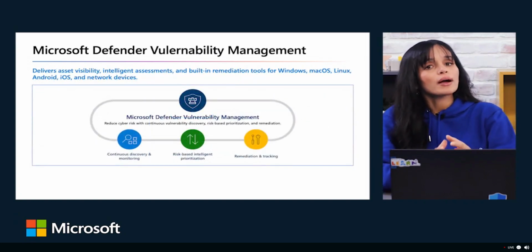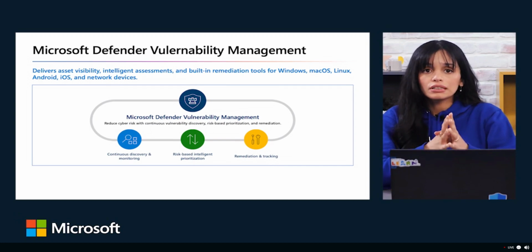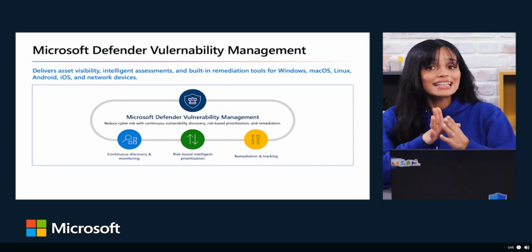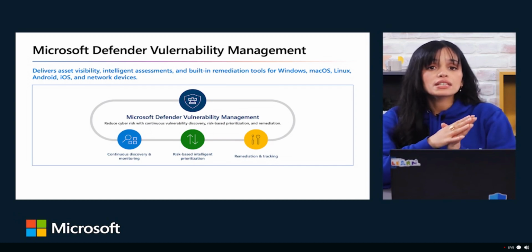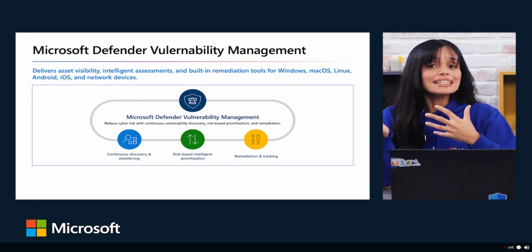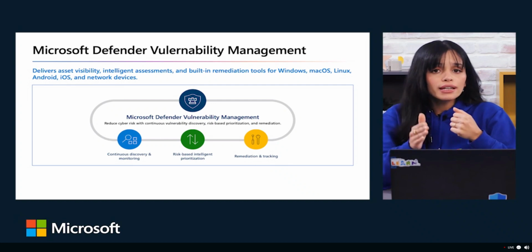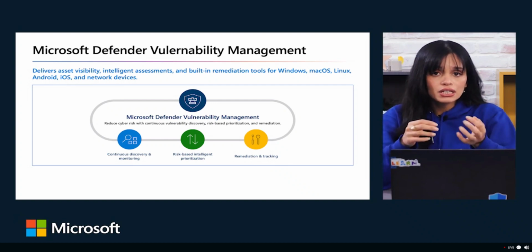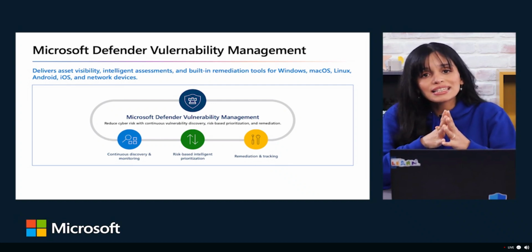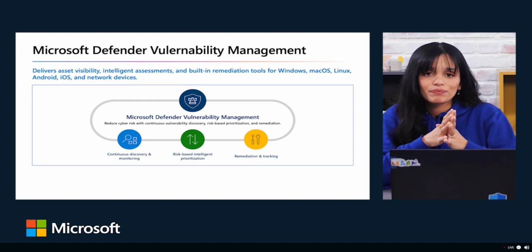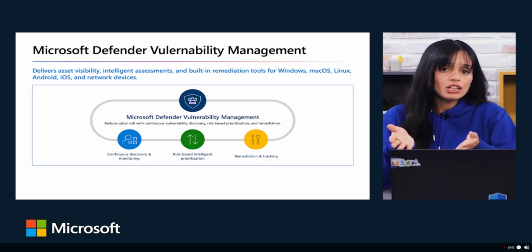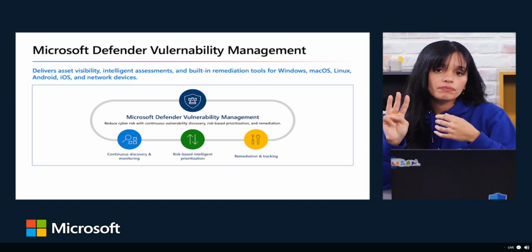Now let's talk about Microsoft Defender Vulnerability Management. This delivers asset visibility, intelligent assessments, and built-in remediation tools for Windows, macOS, Linux, Android, iOS, and network devices. As we can see in the image, we have three pillars.